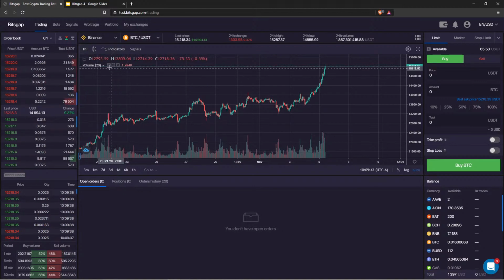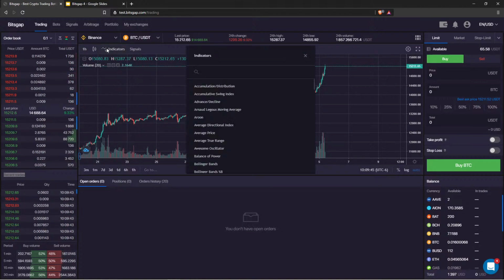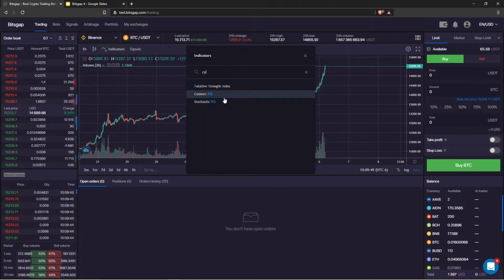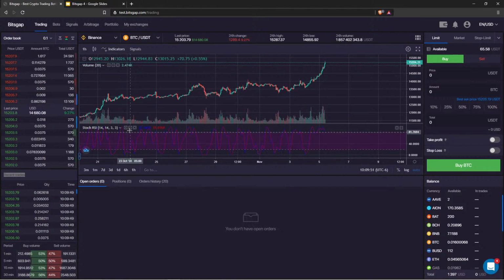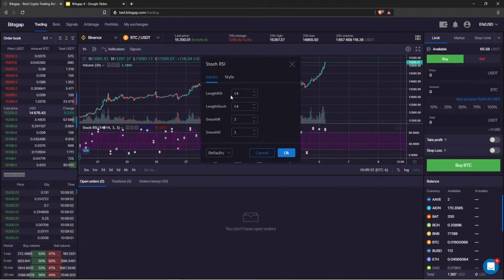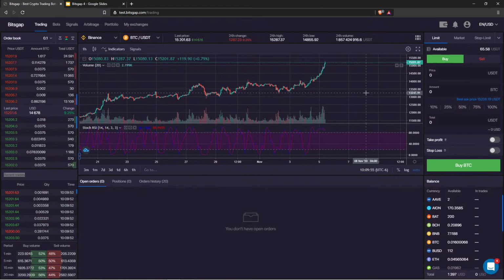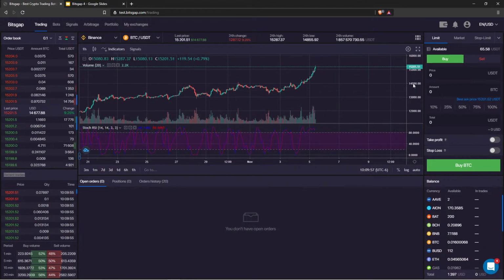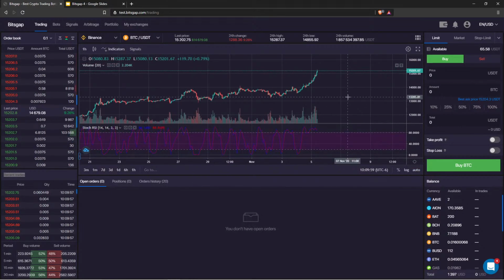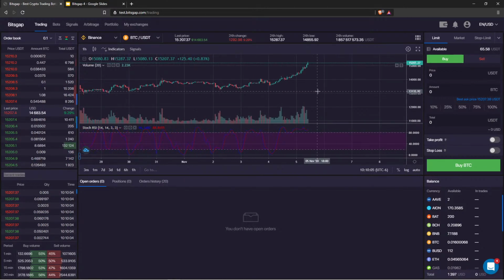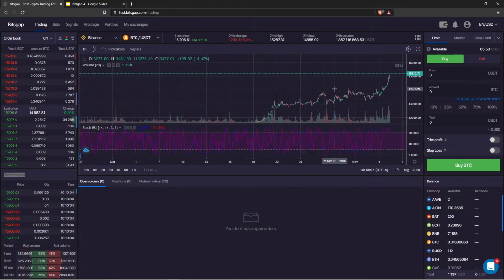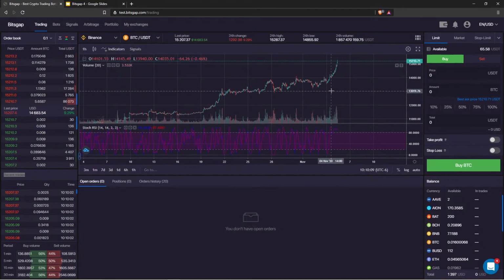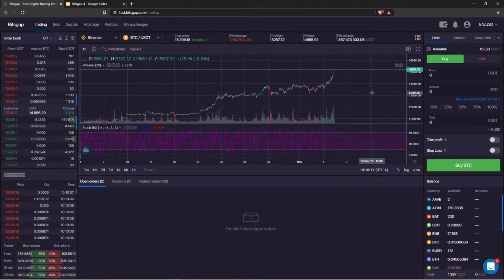You can insert various indicators, like the stochastic RSI, and you can configure it as well. It's absolutely the same system as on TradingView, because that's actually the chart from TradingView. So that's pretty familiar to you already, and I guess you are used to this chart layout.